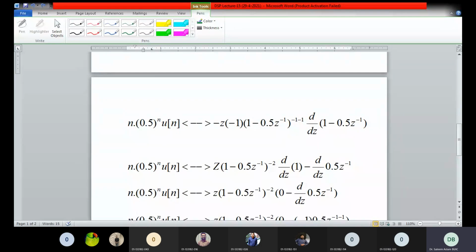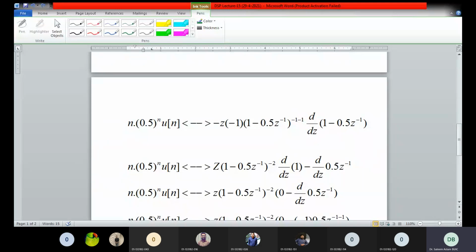Okay, in the very next step we take the simple derivative. So this is n 0.5 to the power n u of n, equal to minus z. Now for the power minus 1, you multiply the expression by the power, so the power is minus 1, and 1 minus 0.5 z inverse raised to minus 1 minus 1 becomes minus 2.